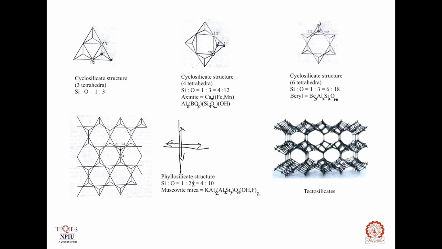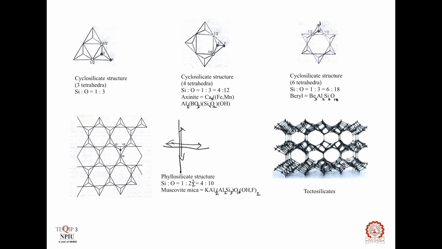Next is the tectosilicates. In this group of minerals, silicate tetrahedra occur in a three-dimensional framework, resulting in equidimensional growth of the mineral. Examples are quartz, feldspar, zeolites, and feldspathoids. In this type of structure, the growth of the silicate tetrahedron is in all three directions.